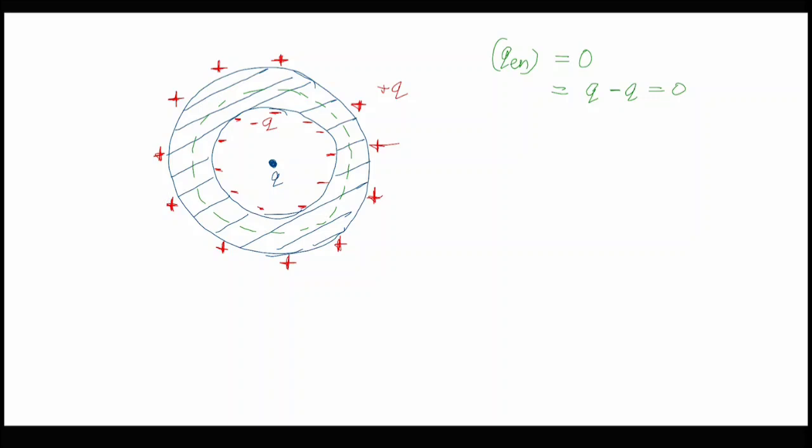It is equally notable that if we consider this point at a distance a and this point at a distance b, that is, the shell has an inner radius a and outer radius b, then the region between VA and VB is an equipotential surface of the conductor.